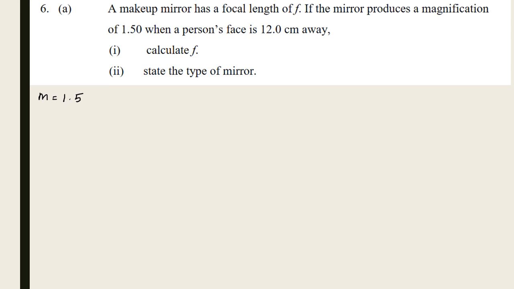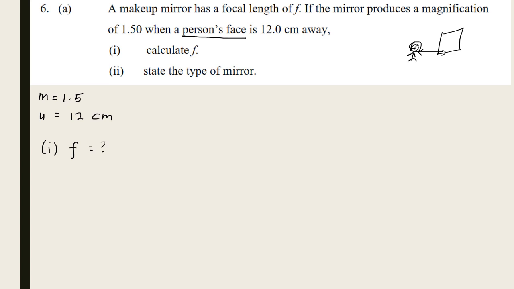Okay, since this is a mirror and the person's face is 12 centimeters away, it means that this is the object. So u has to be equal to 12 cm. Okay, let's calculate f. What's the focal length of the mirror?